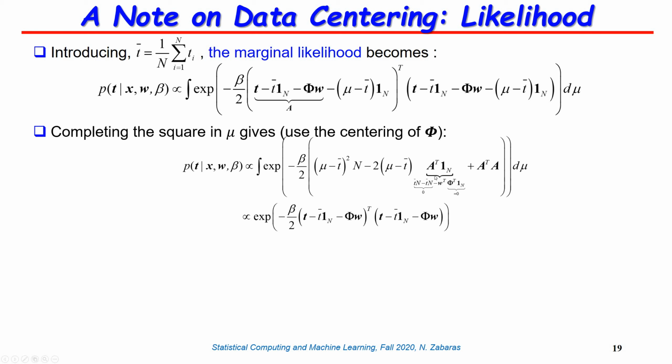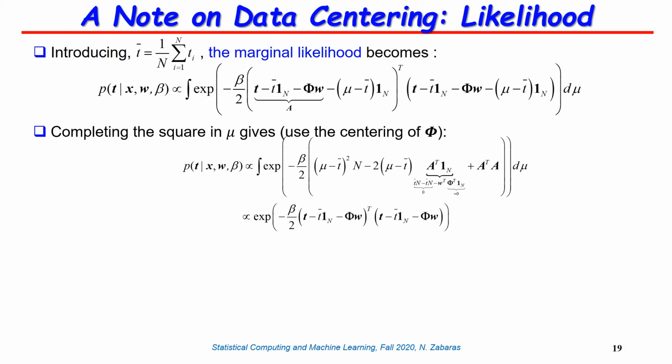And then, interestingly enough, by having a design matrix phi that is centered, it turns out that A transpose times this vector of 1s is also equal to 0. I am not going to go term by term, but if you take A transpose to be the transpose of this vector times this vector of 1s, you can see that every single term disappears.